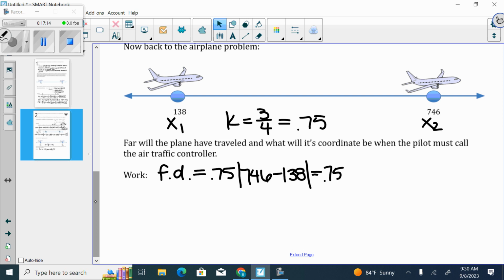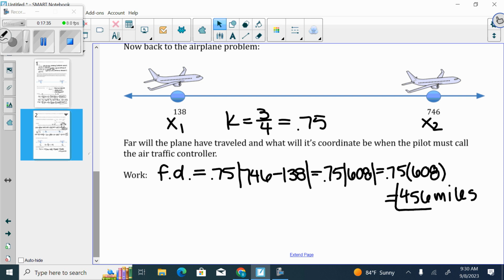Yes, 608, good. And we know the absolute value of 608 would just be 608. All right, so what do I get when I multiply those? Good. So the fractional distance traveled would be 456 miles.